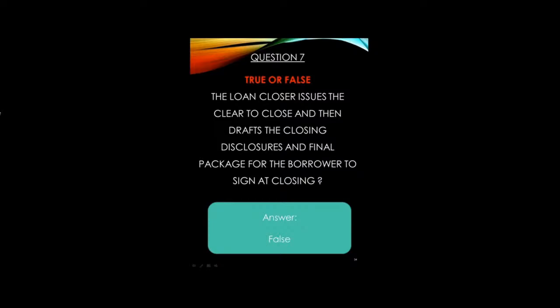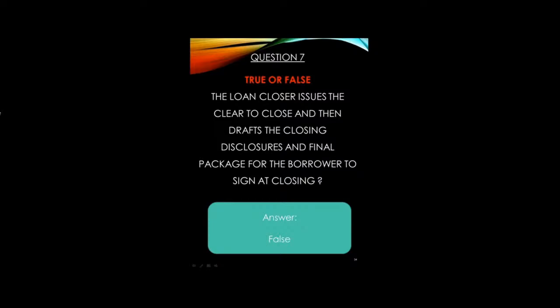Who issues the clear to close? Who has the authority to do that? It's the underwriters. The part 2 of that, and then drafts the closing disclosures. Well, underwriters don't do that. It's the loan closer. So it's kind of like a trick question, but hopefully you guys got this all correct.